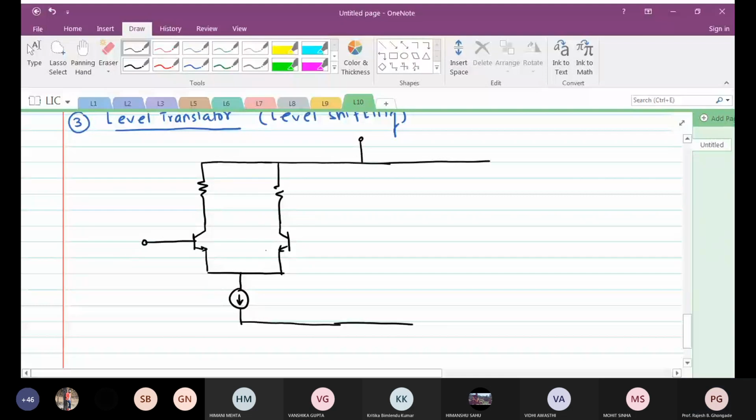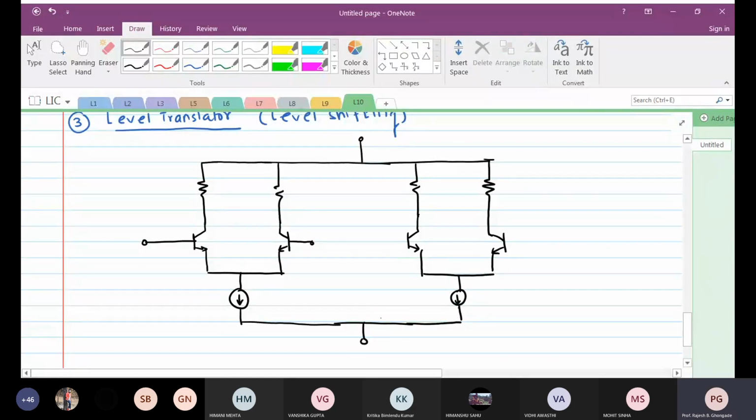This is your input, this is another input. And now we have another differential amplifier, with another current source here like this.